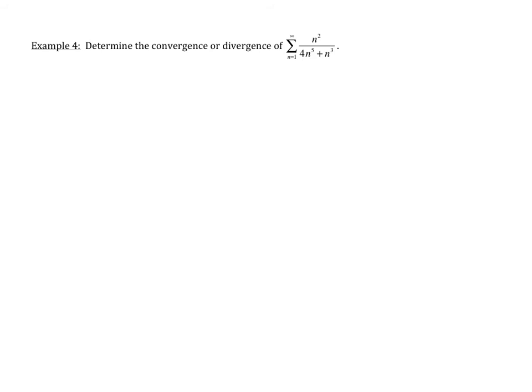So this might give you a moment's pause as you try to figure out what to compare it to. But if you think about it, this is very similar to n squared over n to the 5th, and that is going to behave like 1 over n cubed. So we're going to use 1 over n cubed as our comparison on this series.